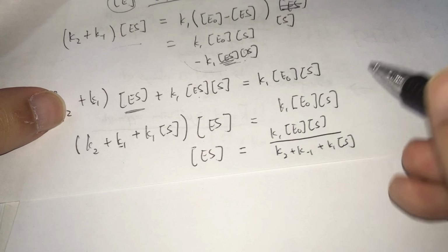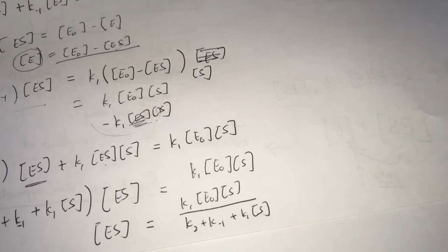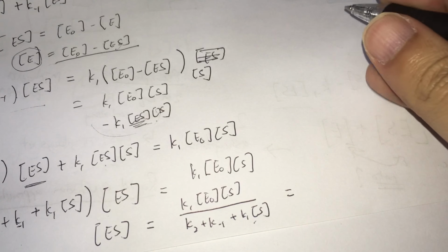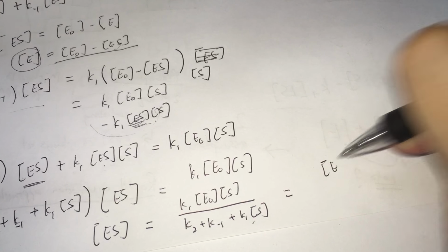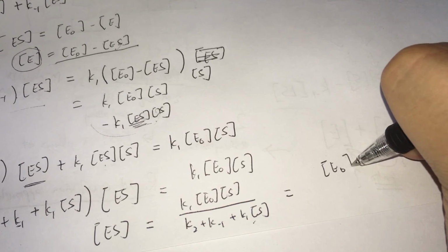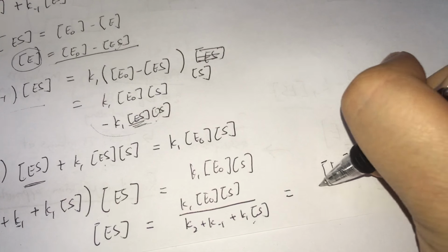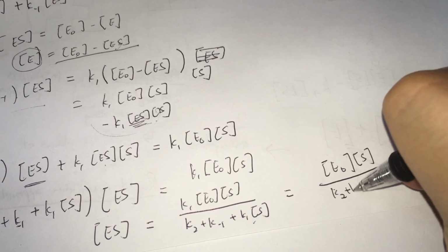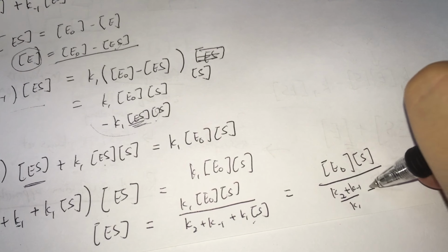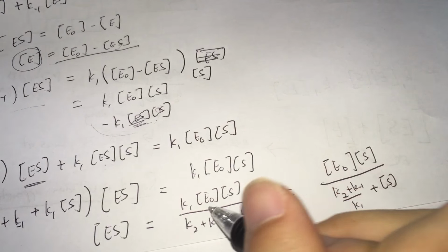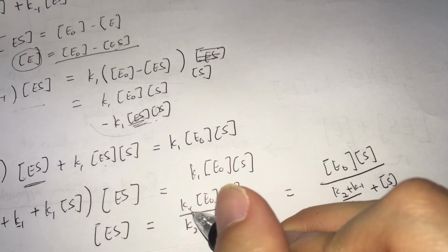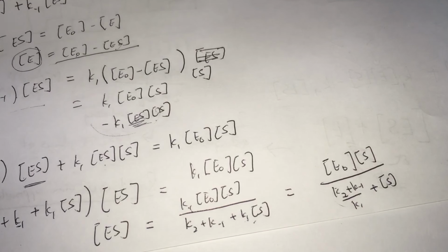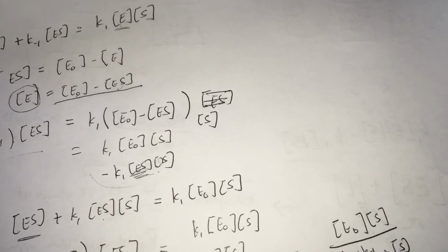Alright, so to make this neater, let's divide the top and bottom by K1. So you have an expression like so: K2 plus K inverse over K1 plus S. I'm dividing the top by K1 and I divide the bottom by K1. Now I have this slightly neater expression here.